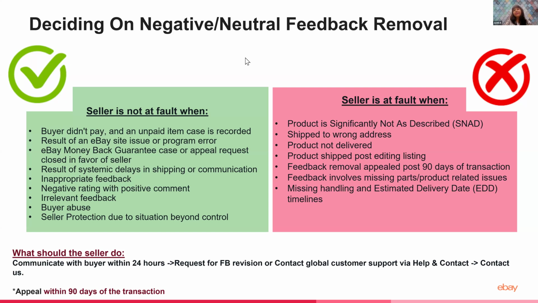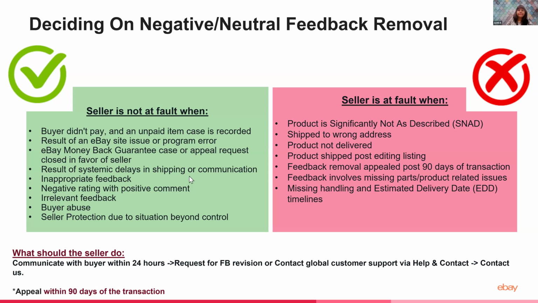If the feedback involves comments that state that there are parts missing or there are product related issue or the seller has missed on the handling and estimated delivery date timelines, it is the seller who is at fault, right?